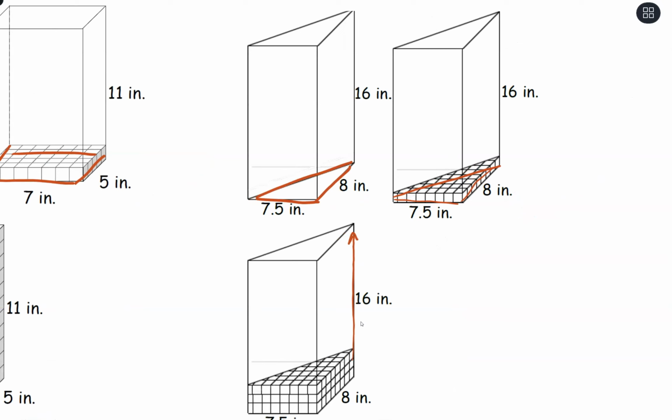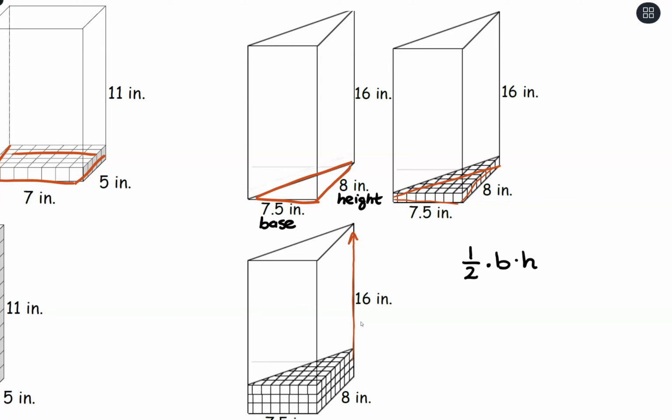So in this case, we're thinking about the area of the base, which is 1/2 times base times height, where that 7.5 would be our base, and then 8 inches would be the height. This terminology isn't great for this scenario, but just in terms of the triangle, base and height, but then we have the height of the box as well.